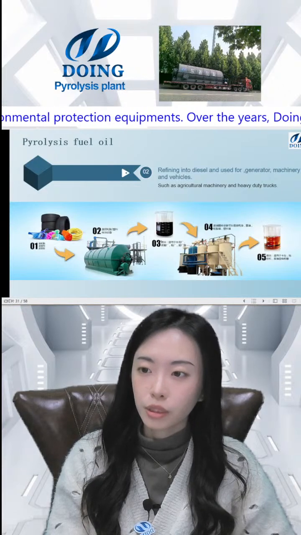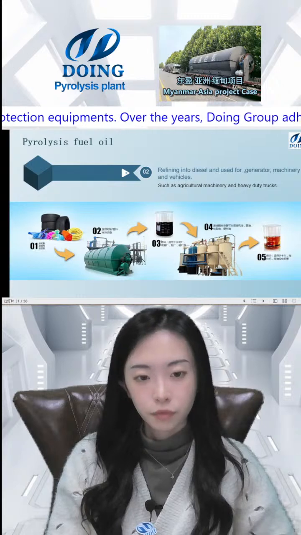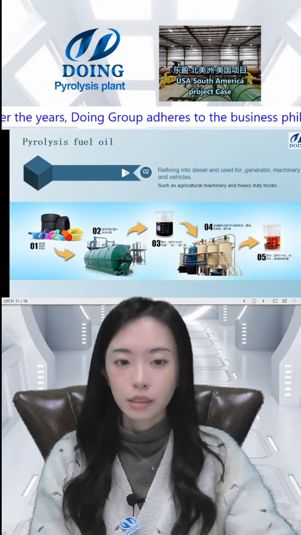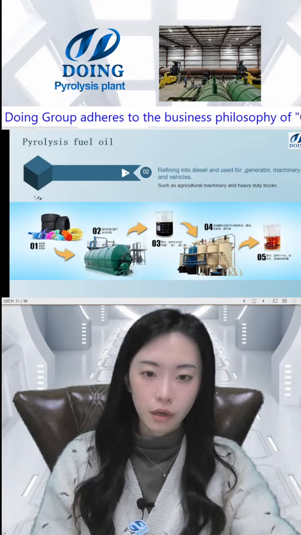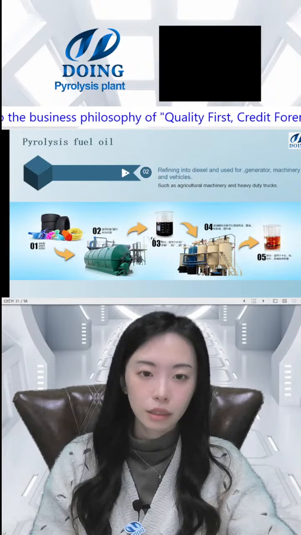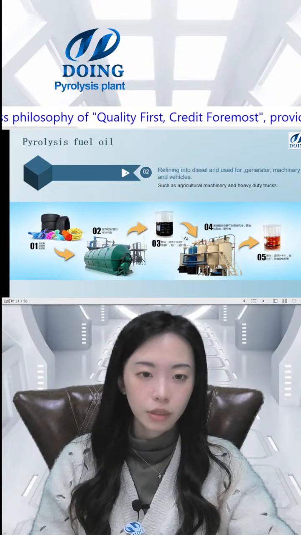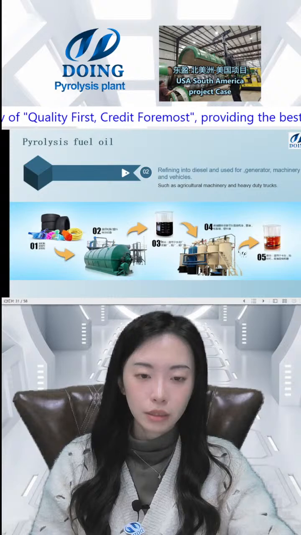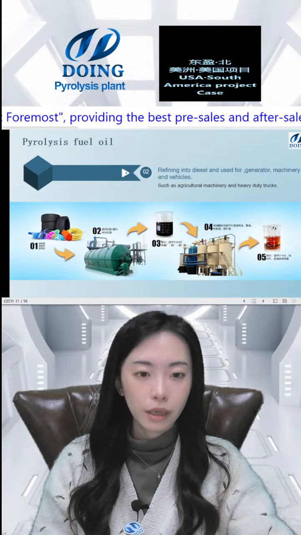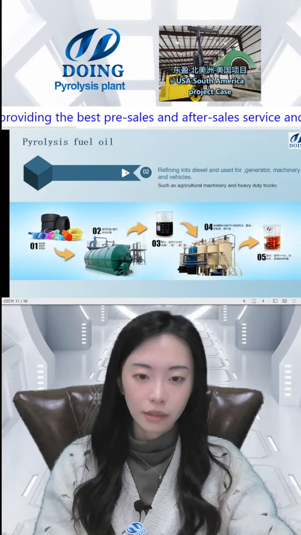They can use this purified fuel oil, that's the non-standard diesel. In this process, we first get the fuel oil from the pyrolysis reactor, this waste tire oil. And then by using the purification desulfurization plant, we can get more purified diesel.